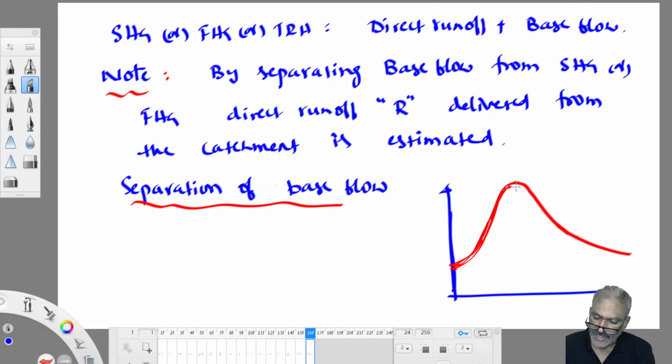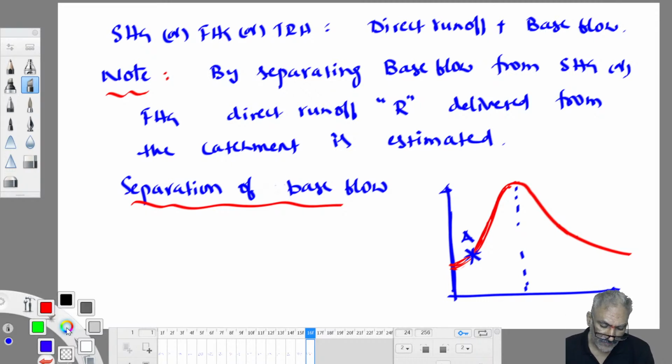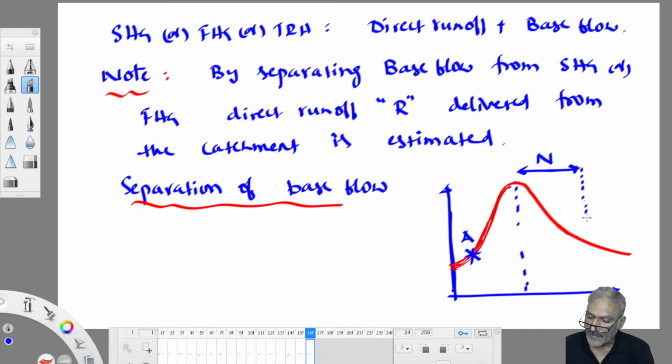This is one method, a simple method among all. From the peak point of the hydrograph, the first drop of direct runoff is delivered at point A, that is known to you, physically you can notice it. The last drop of direct runoff when it stops delivering is difficult to find out. Therefore, to find it, what we do is, from the peak of the hydrograph for a length of n hours, we draw one horizontal line. From there we drop one vertical.